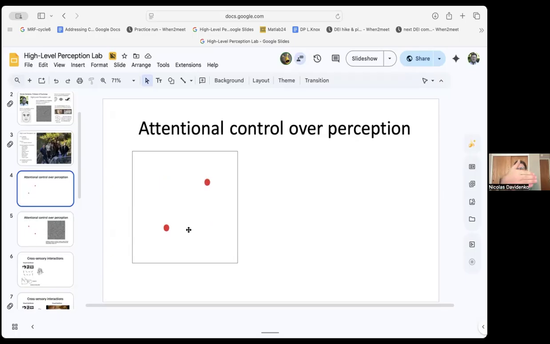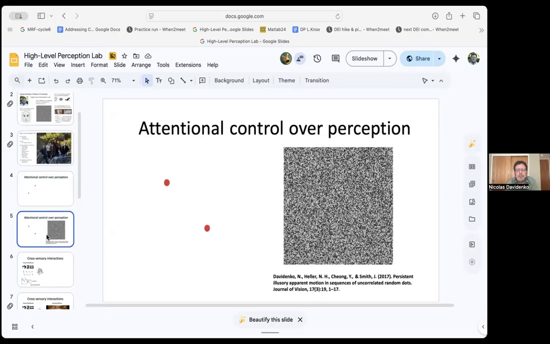If you use your hand to cover up one of the balls, you can perceive them going in different directions, or you can just tell yourself to see them in some direction, and it will happen at some point. So you have control over how you interpret ambiguous visual information.